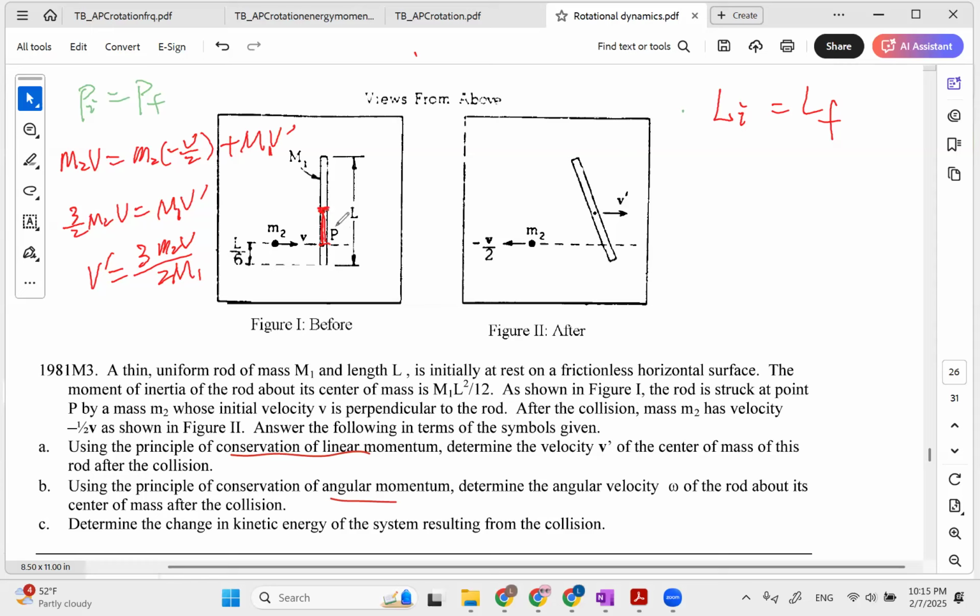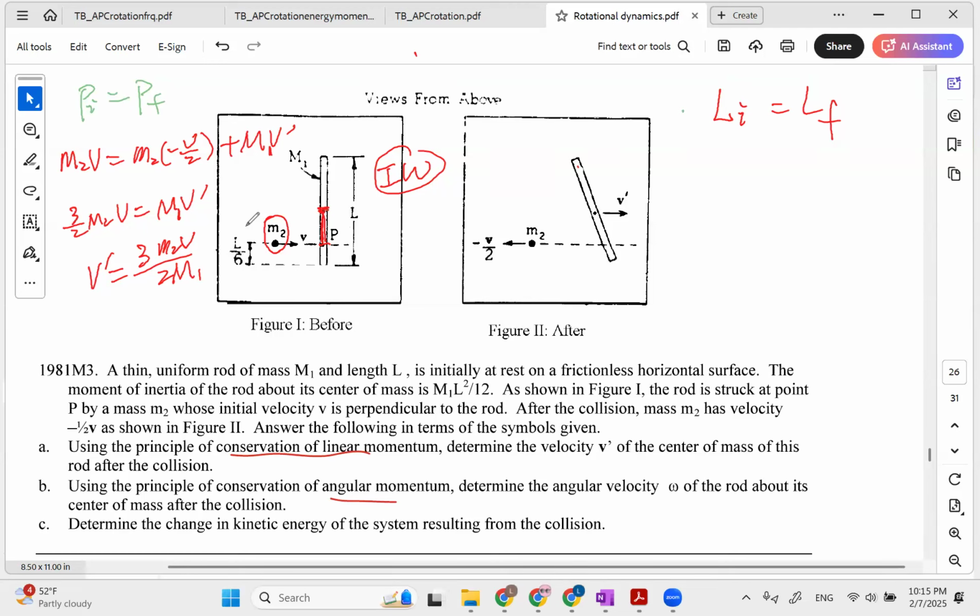So this is a point mass situation, right? Is it the moment of inertia times the angular velocity? I omega, right? Normally you use I omega for the rod, but right now it's a point mass M2.